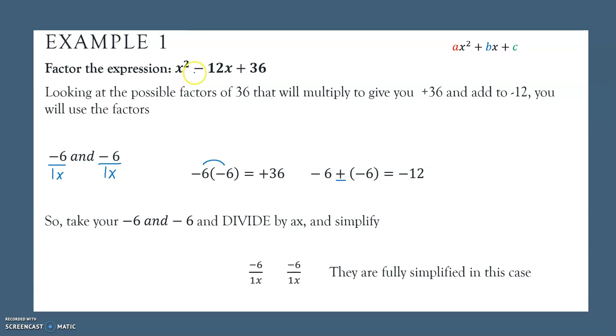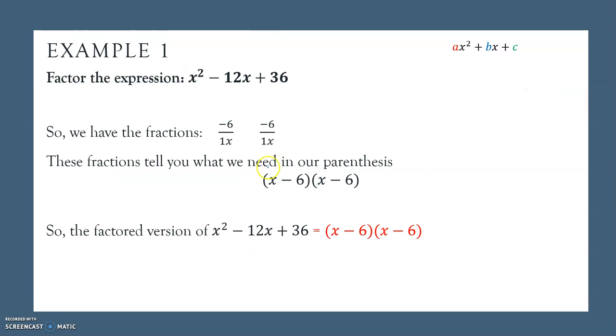So x times x, you would eventually get an x squared in there, and then you divide by the A coefficient. Now, after you write them into fraction form, you want to simplify the fraction as much as possible. Here the fractions are already simplified, so that's good. We don't have to worry about this step. So, now that they are simplified, you have your two products already. You just have to rewrite them.